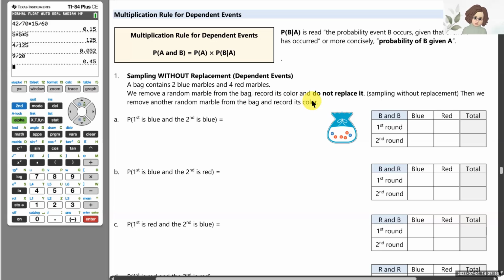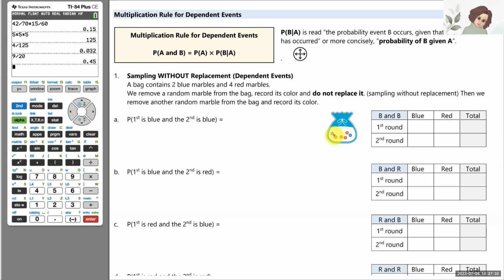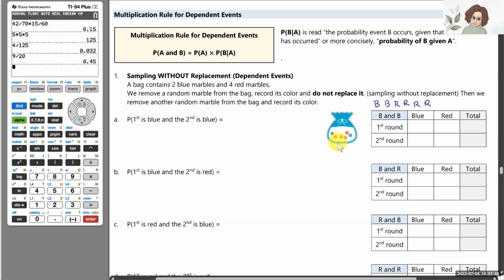So let me start with this first example. I'd like to find the probability the first marble is blue and the second marble chosen is blue as well. So I'm going to do a little bit of organizing over here. So the idea is we start with blue, blue, 2 blue, and 4 red, red, red, red, red. So those are the marbles in the bag.